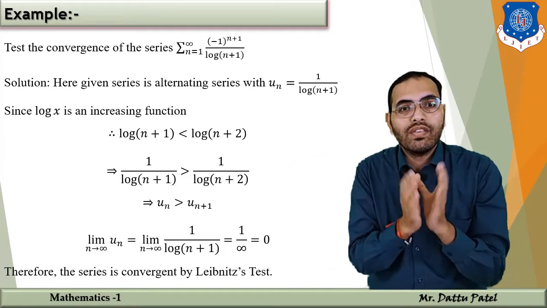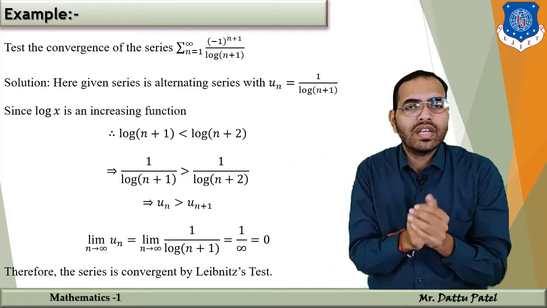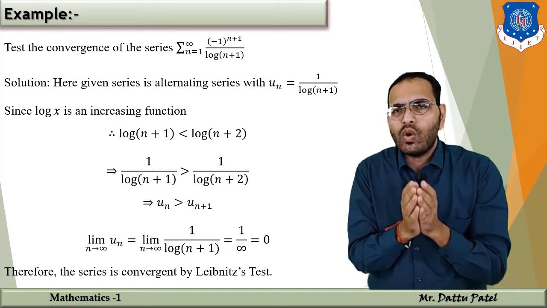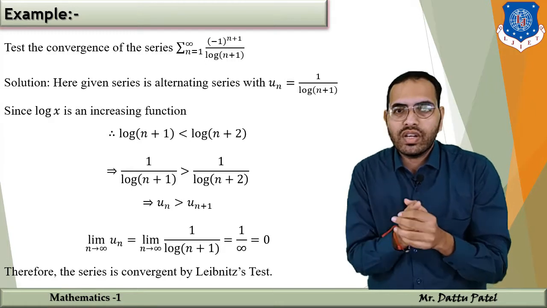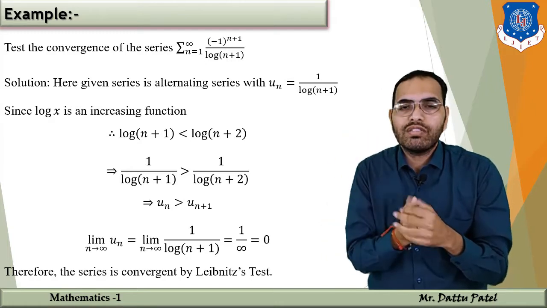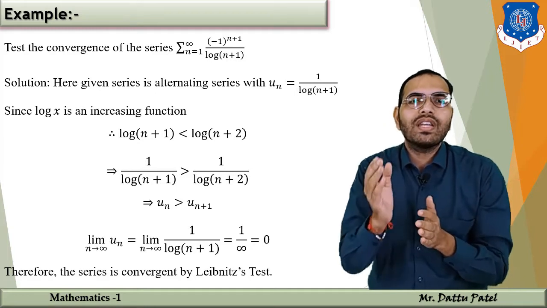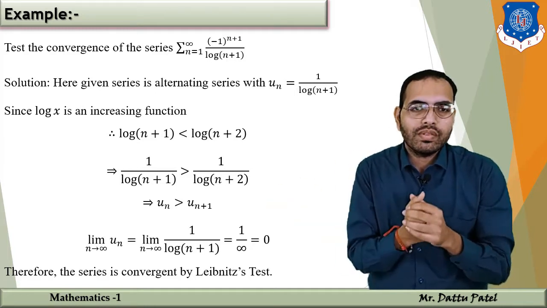Here the given series is an alternating series with un equal to 1 upon log n plus 1. Log x is an increasing function, so the reciprocal of the increasing function, 1 upon log n plus 1, means our series is in decreasing form.